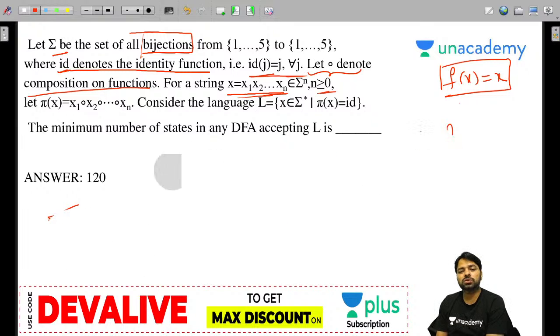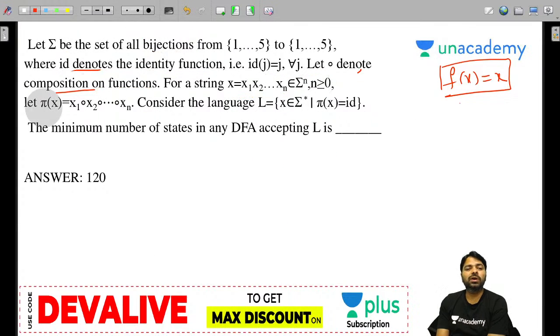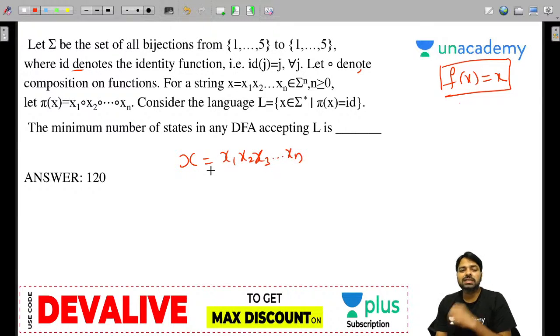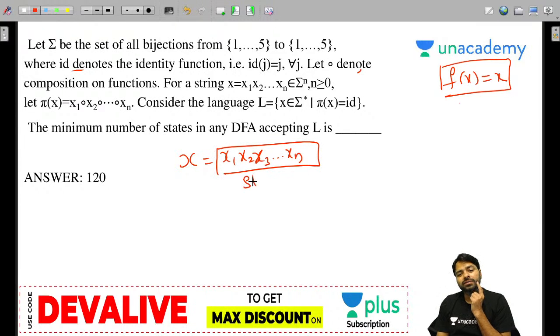What is x, is one confusion. x is equal to x1 to xn, some string, a string but a sequence of bijective functions.